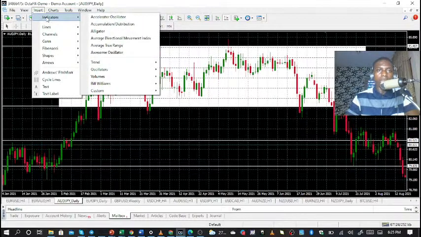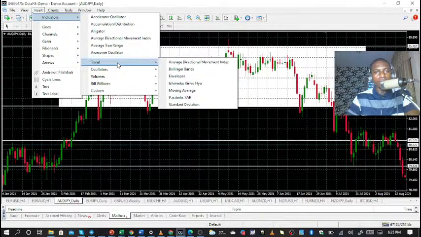Then you see what we have here. We have indicators. Then we have accelerator oscillator, accumulation distribution, alligator, average directional movement index, average true range, awesome oscillator.